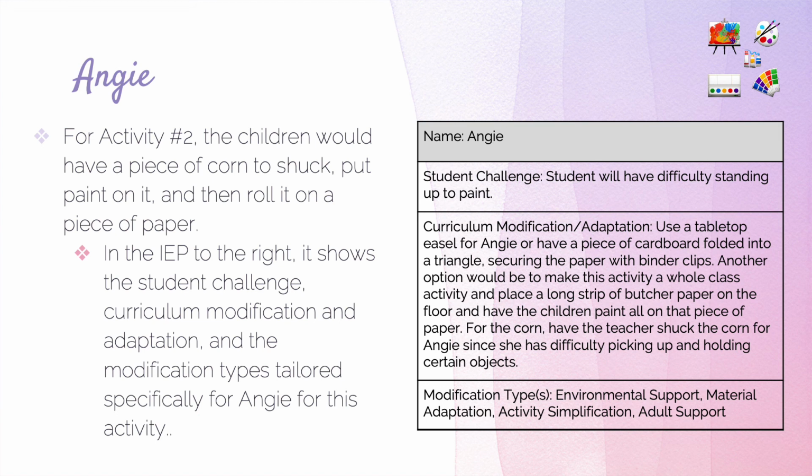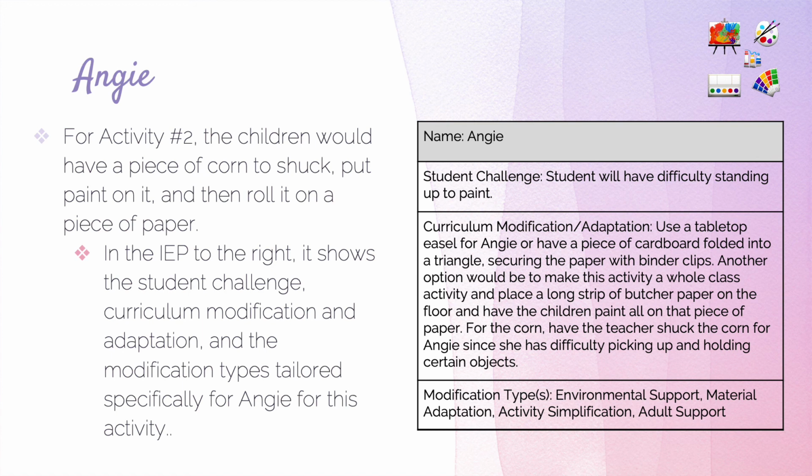Now, a good example of a curriculum modification or adaptation would be to use a tabletop easel for Angie, or have a piece of cardboard folded into a triangle and securing the paper with binder clips. Another option is implementing environmental support by having a long strip of butcher paper along the floor and having everyone paint together.